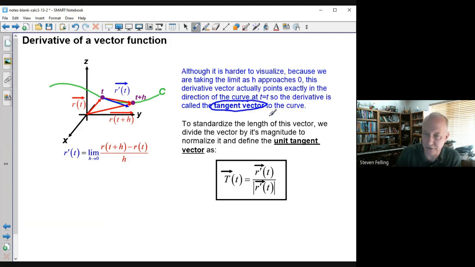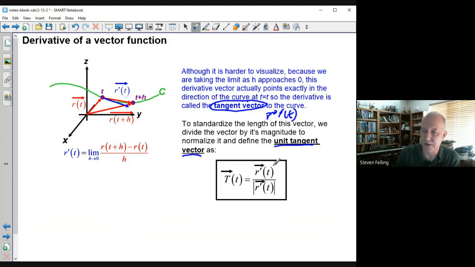So the tangent vector is another name for r prime, the vector r prime, as a function of t. Now usually, because we don't want to introduce something related to the magnitude, we're interested just in the direction that the curve is moving. When we need that, we want this tangent vector but with unit length, and that is defined as the unit tangent vector.